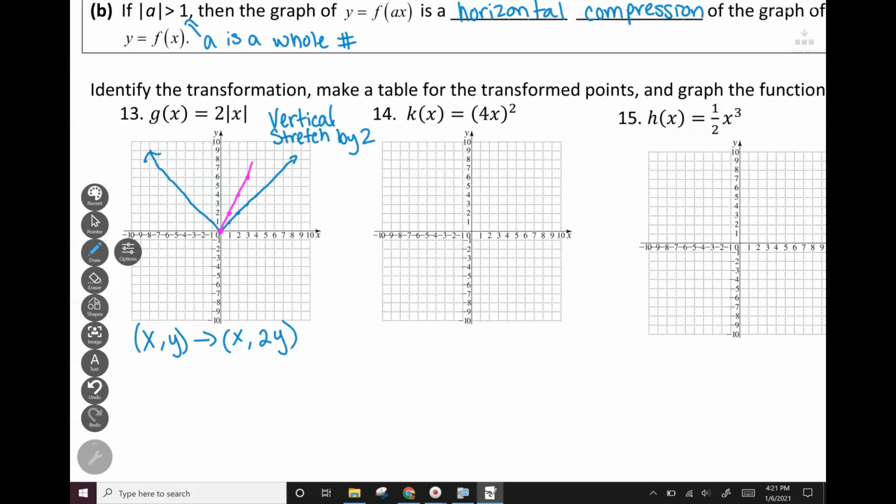And so on. And then on this side, multiplying these y values, so the y value right here is 2, it becomes 4. The y value here is 5, so it becomes 10, multiplying it by 2. All right, so there is the graph of the transformed function stretched vertically by a factor of 2.